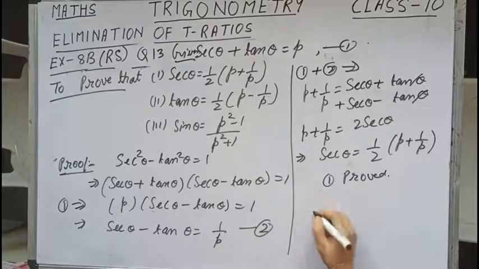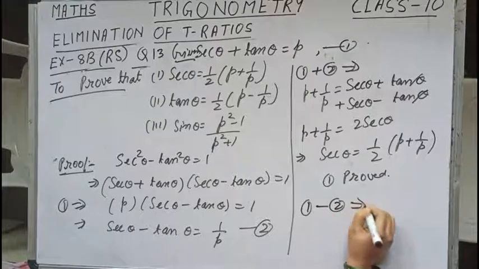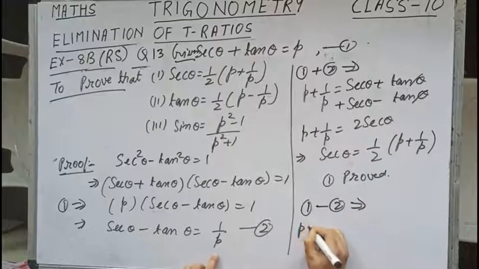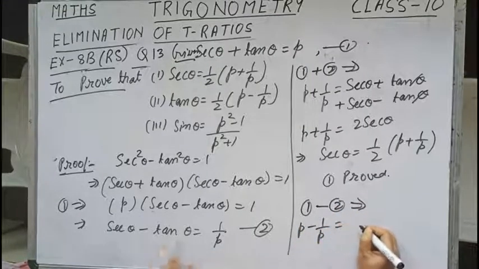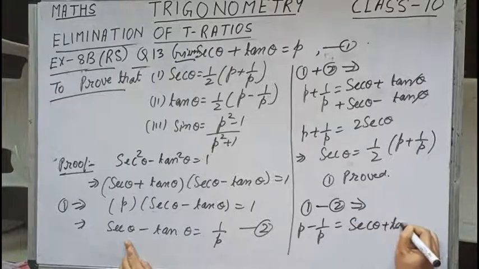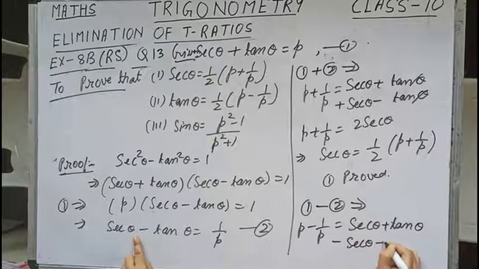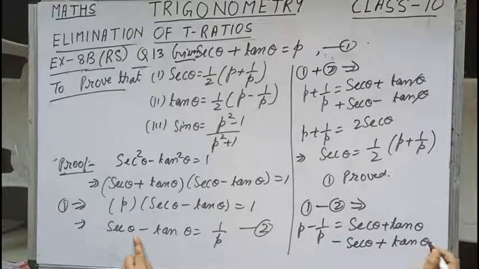Now we need p minus 1 by p. So let us start. 1 minus 2 implies p minus 1 by p will be equal to sec theta plus tan theta minus sec theta plus tan theta. So we are getting over here 2 tan theta.